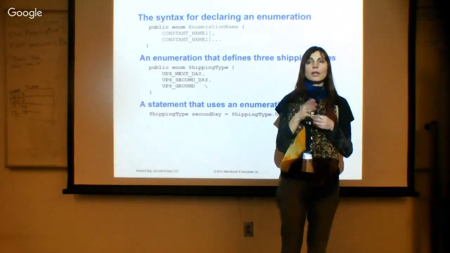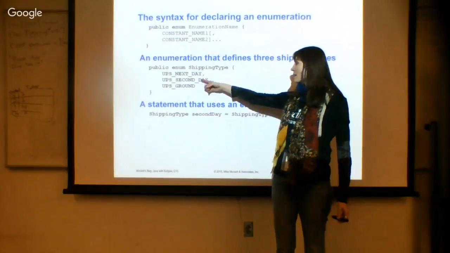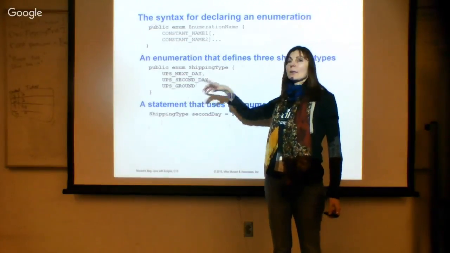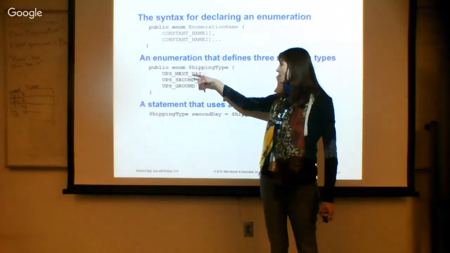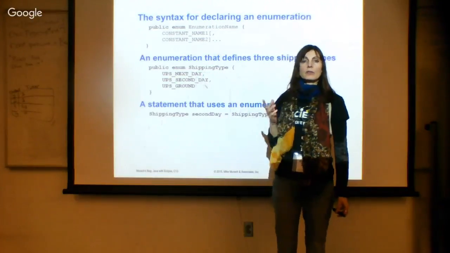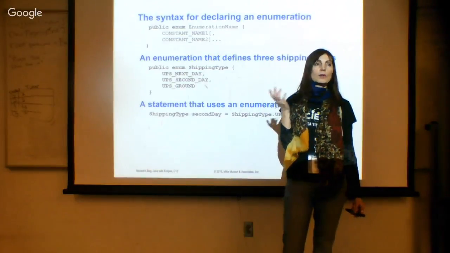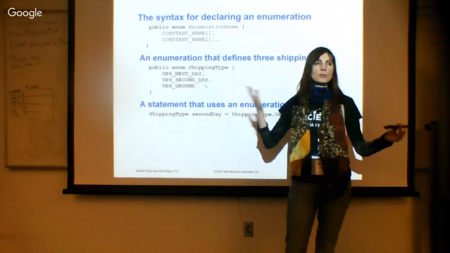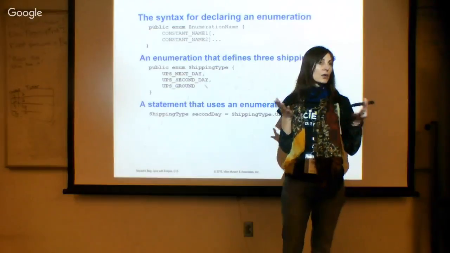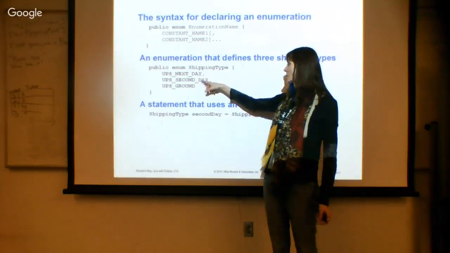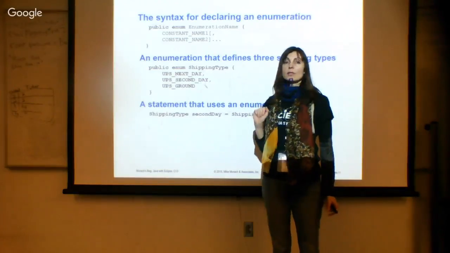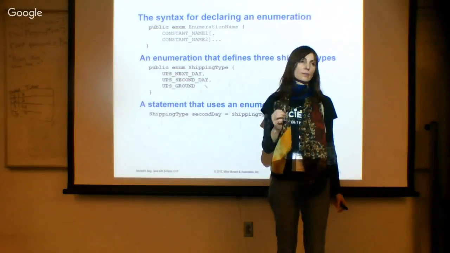It's a special type where you can define within the type only the constants that you need. If you have an enumeration for shipping, what type of shipping do I have? It's not like anything goes, but I also don't have just one. In this case, I have 3 different types, so this is a good candidate for an enumeration.